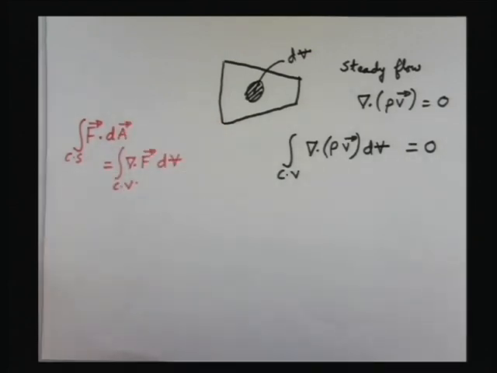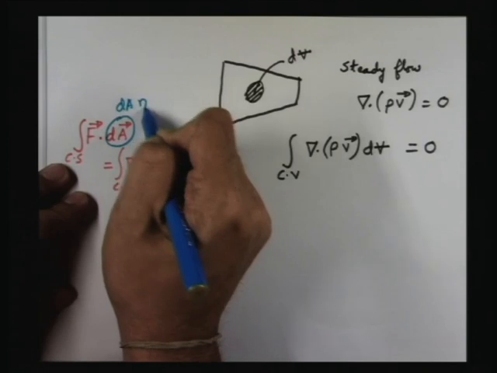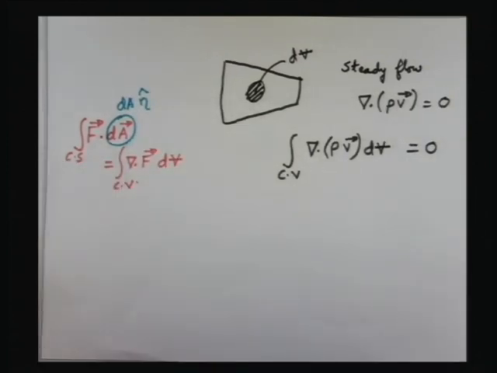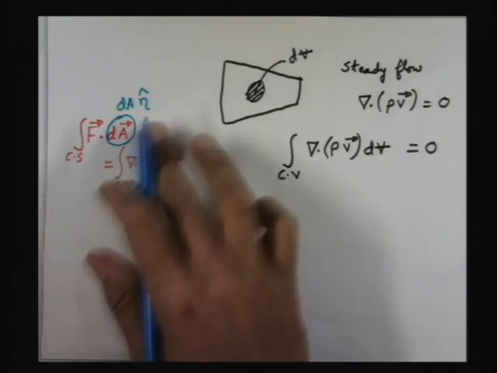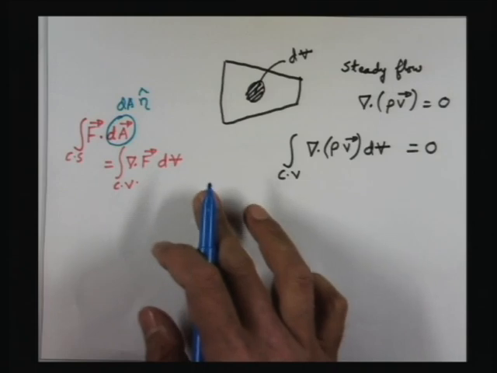Yesterday we discussed what we mean by area vector. Area vector is nothing but the magnitude of the area times the unit vector in the outward normal of the area. So f dot dA is equal to divergence f dV.